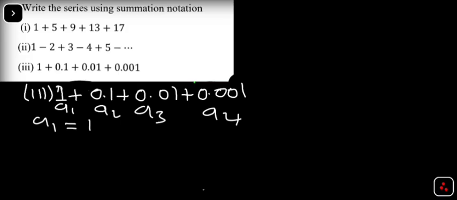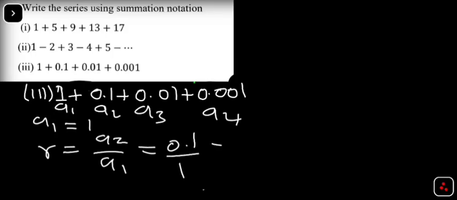Since we know that our first term is a1 equal to 1, this is our a1, a2, a3, a4. And our common ratio, we know the formula, which is a2 over a1, or t2 over t1, the same. So a2, which is 0.1, divided by 1, is equal to 0.1.